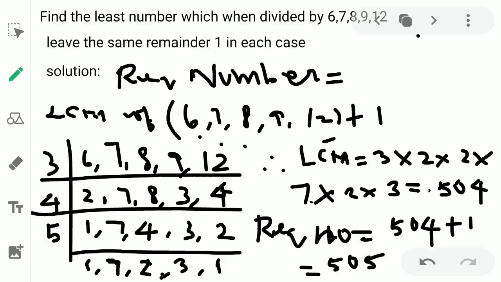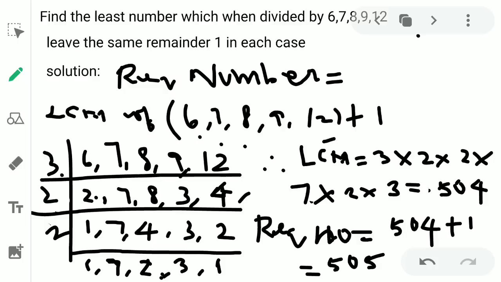So when we take LCM, 3 2s are 6, 7 as it is, 8 as it is, 3 3s are 9, 3 4s are 12. Actually this is not 4, these both are 2, just a mistake. 2 1s are 2, 7 as it is, 2 4s are 8, 3 as it is, 2 2s are 4. 1 as it is, 7 as it is, 2 2s are 4, 3 as it is, 2 1s are 2.